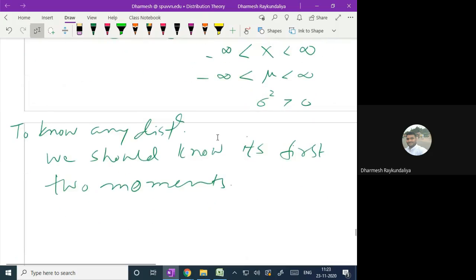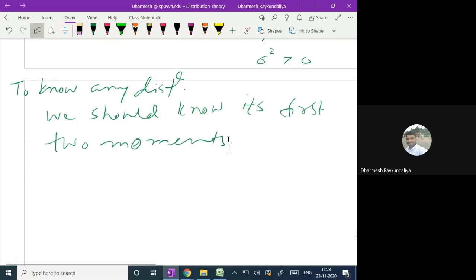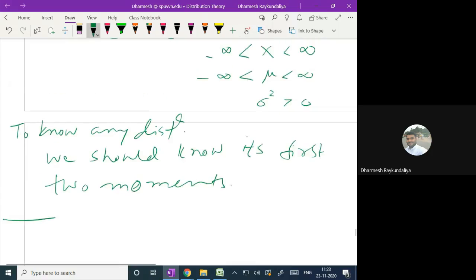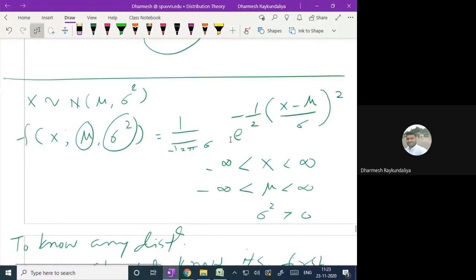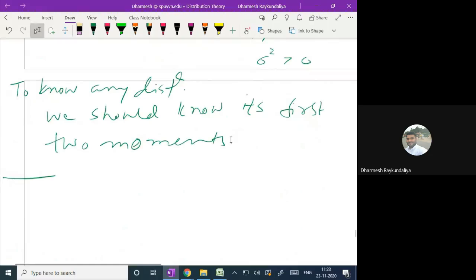Then you can statistically prove whether the data really follows this distribution or not. So these are all the basics of distribution which you have studied at the BSc level. Any questions so far? Anyone?